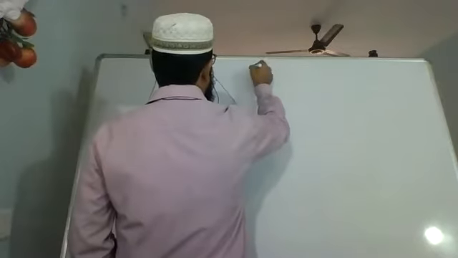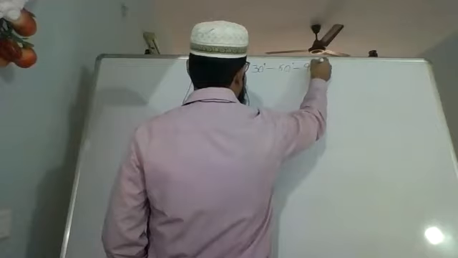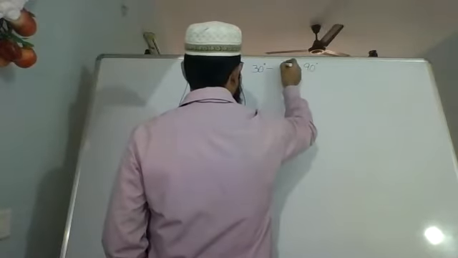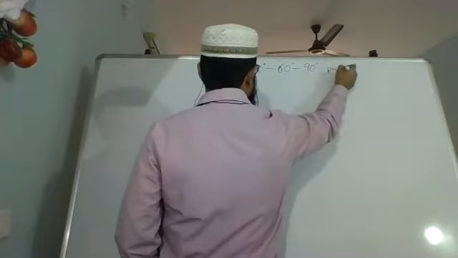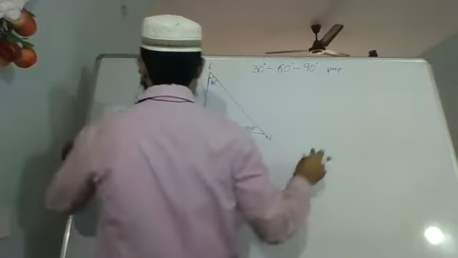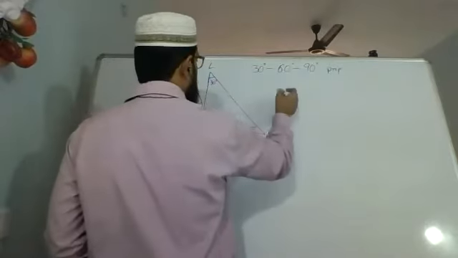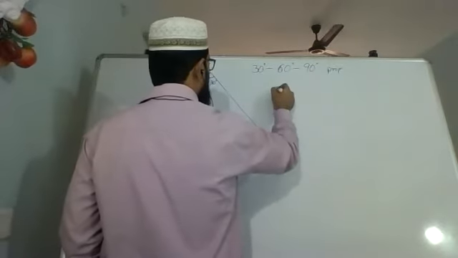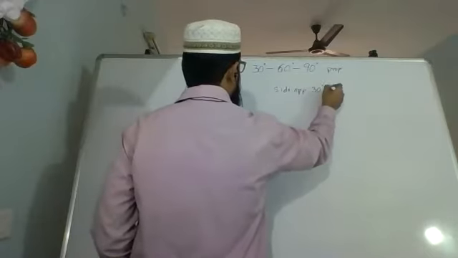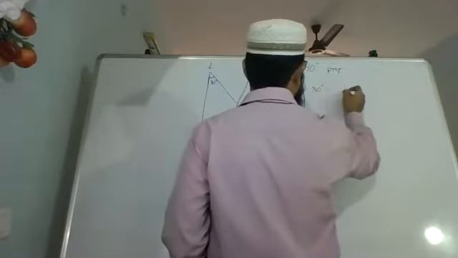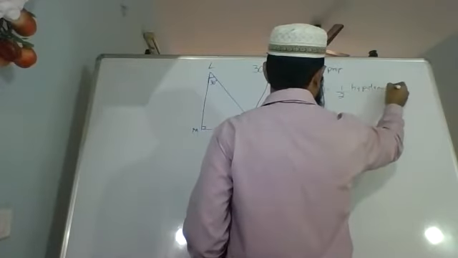It says the 30, 60, 90 theorem or property, whatever you want to call it. What does it say? The side opposite to 30 degrees is half of the hypotenuse.